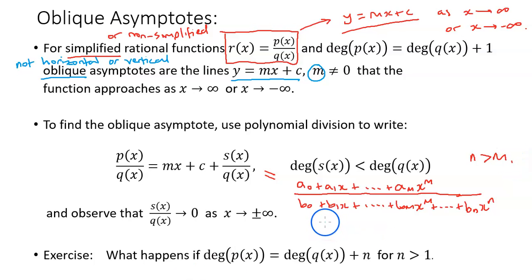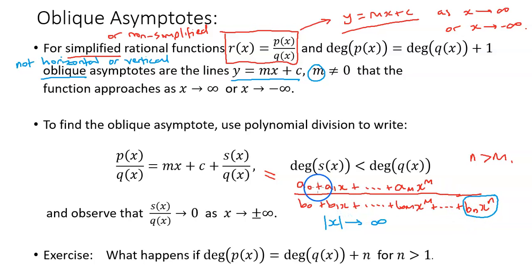And then if we allow x to tend to either positive infinity or negative infinity, let's just say the absolute value of x tends to infinity, then since n is a larger natural number than m is, this bn x to the power of n term really is all that matters. Because if you're taking a really large number to a higher power, you're going to get something that is much bigger.